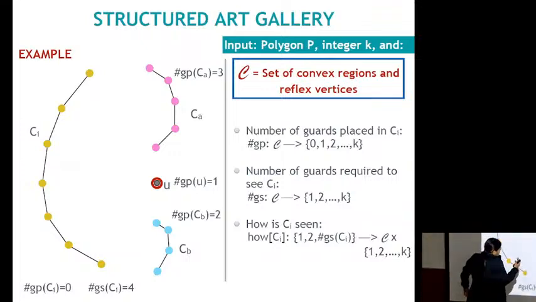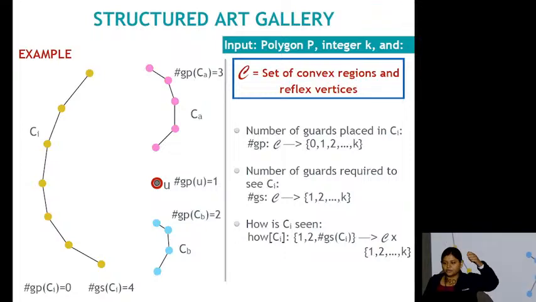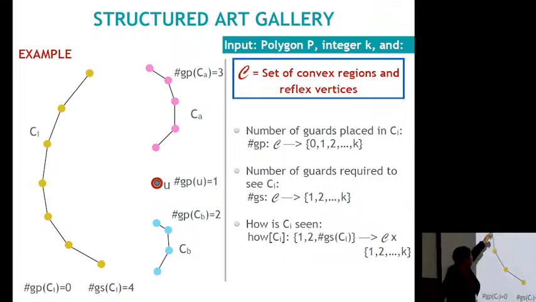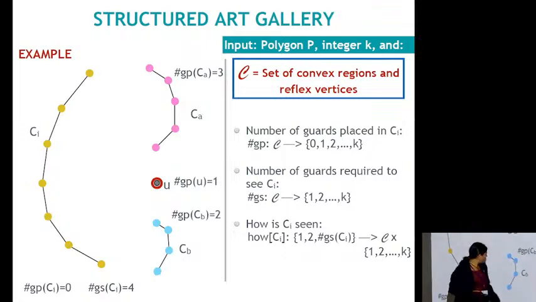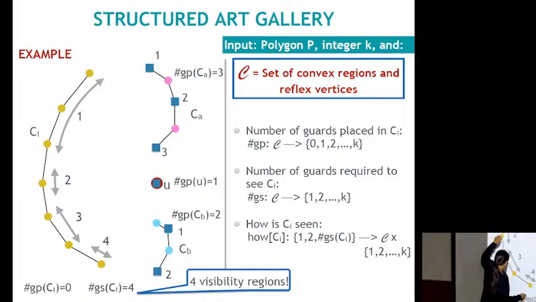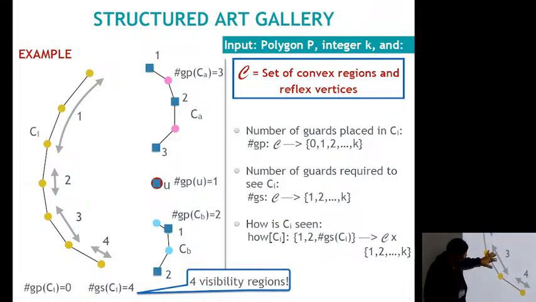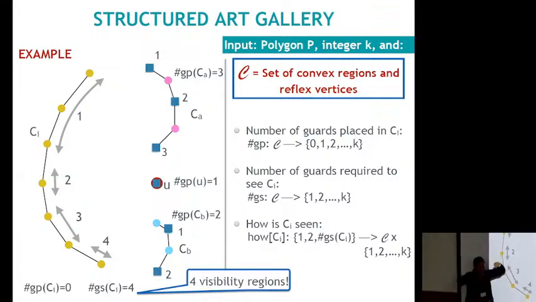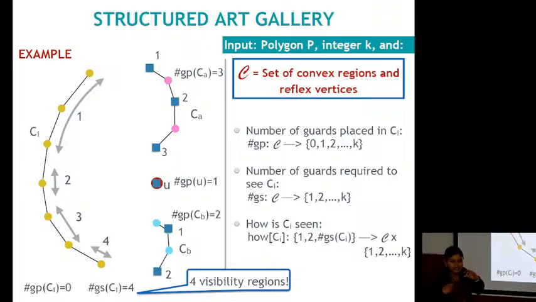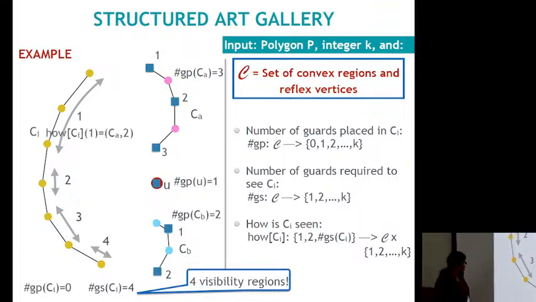Then this "how" function of Ci will tell us: look at the first guard who is responsible to see this convex region, where does this guard come from, and which is the guard number. Firstly, #GS(Ci) is 4, so the convex region Ci, when we look at how it is guarded, will be divided into 4 consecutive regions, and together they cover the whole of the convex region.